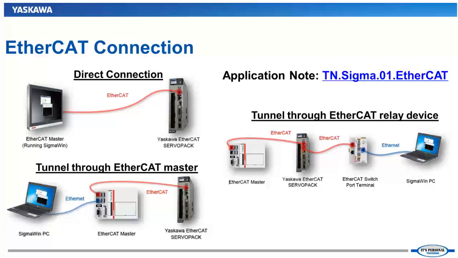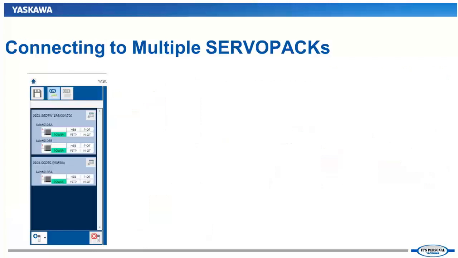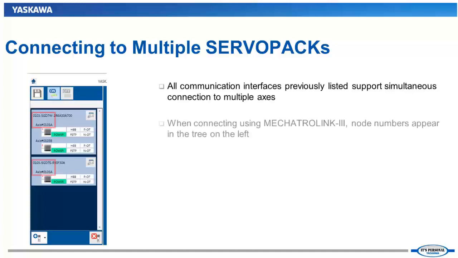It's pretty thorough. So connecting to multiple SERVOPACKS, as you can see here on the left, there is an SGD7W and an SGD7S, so a single and a dual axis amplifier that I'm connected to. When using MECHATROLINK 3, the node numbers will actually appear, so you can see there's 0103, so it'll be my node number 3, and 0105, which will be node number 5.